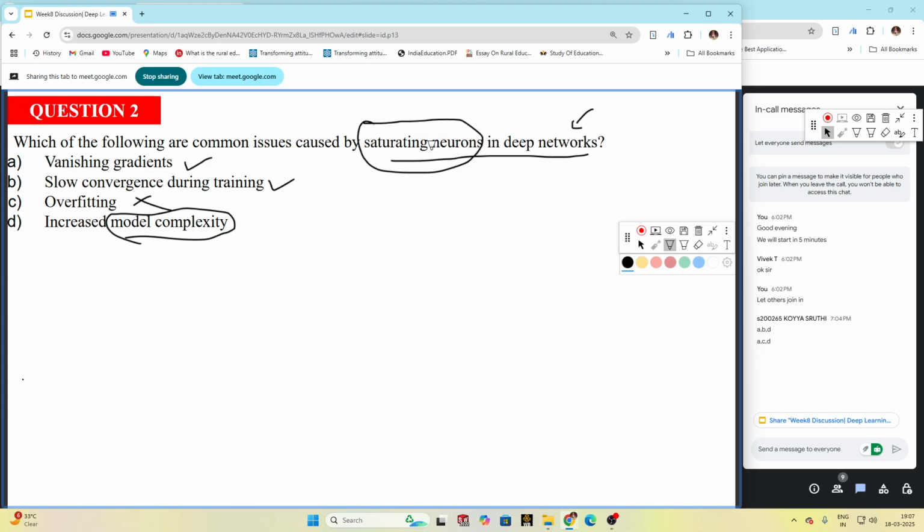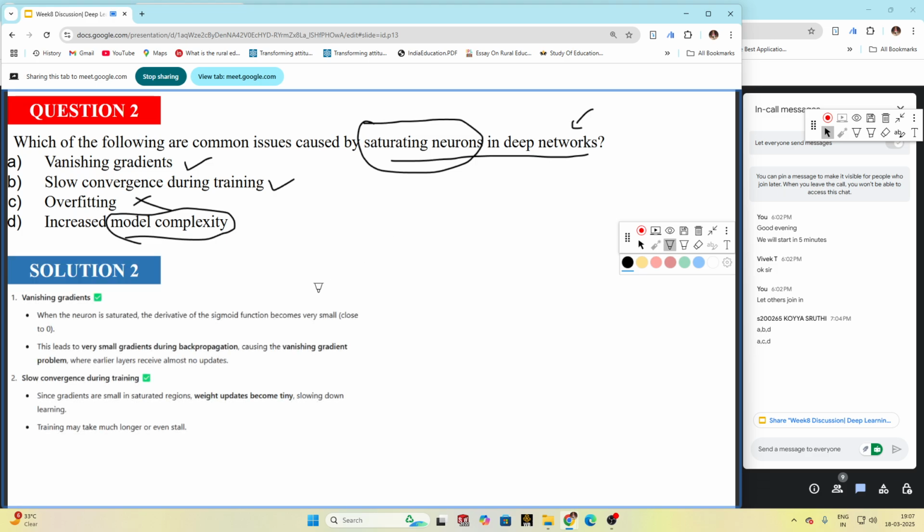So the saturating neuron will have this vanishing gradient problem. Whenever it is close to 0 or even close to 1, your weights will not get updated, and when your weights do not get updated, we will have slow convergence during training. So these two are the right answers.